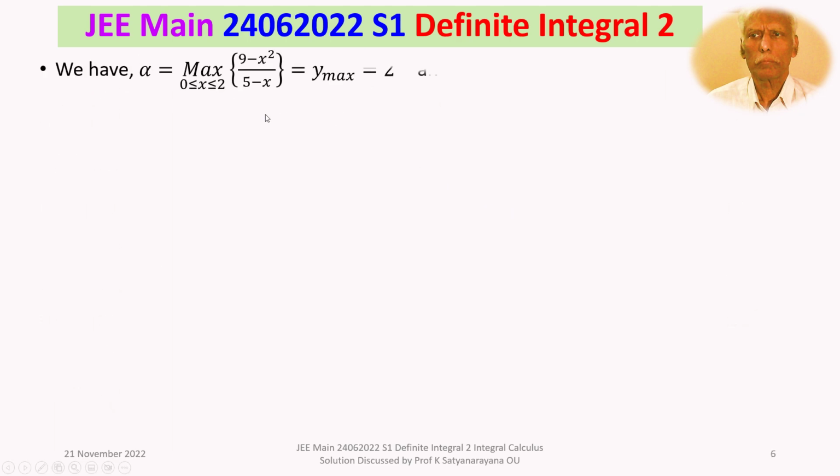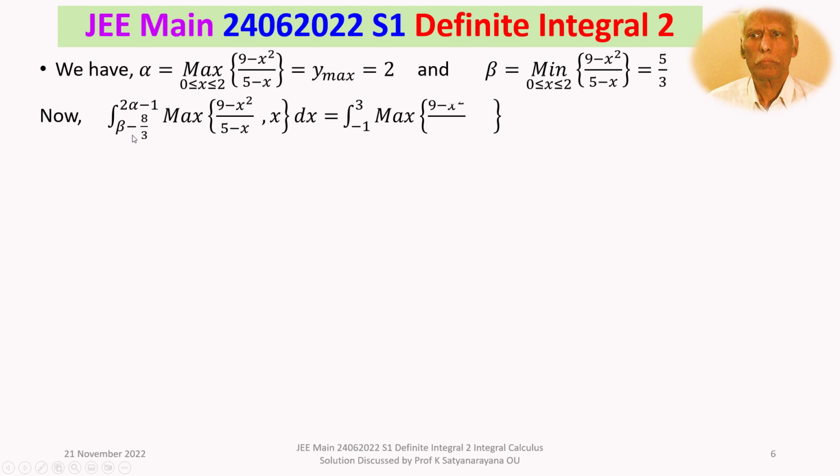We have alpha is 2, beta is 5 by 3. Now we have to evaluate this integral. So how do we do it? The integral from beta minus 8 by 3 to 2 alpha minus 1 of the maximum of the earlier function y of x, comma x.